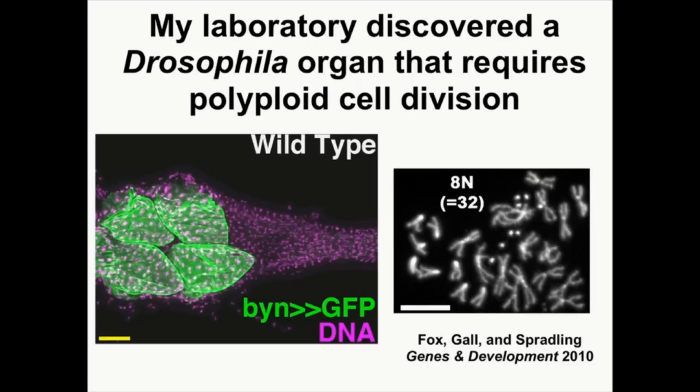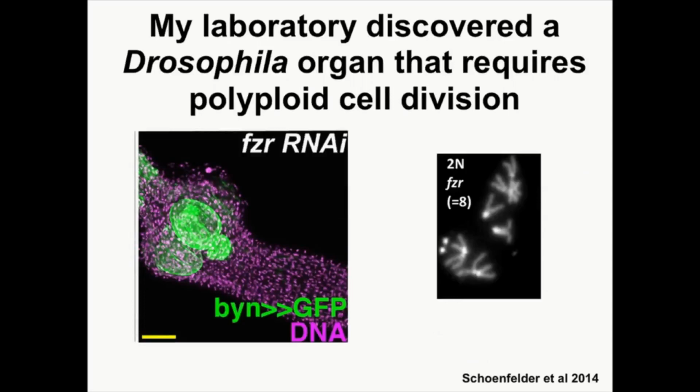These structures are formed by division of cells with octaploid genome content, and we can show using genetic tricks in flies that if you make these cells diploid, the organ does not form properly, and these animals have physiological problems. So it's a very convenient genetic system to try to understand places where polyploidy is really important.